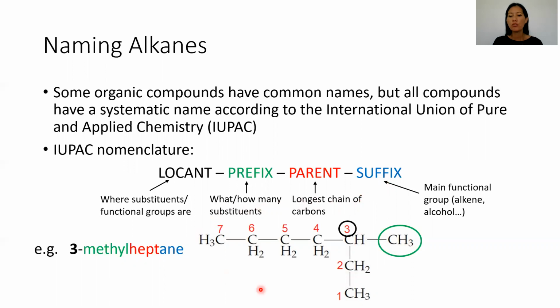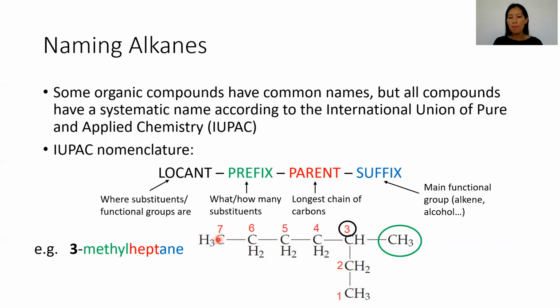Okay, let's look at this example. If I give you the structure, the first thing you need to do is identify the longest chain. Don't just go left to right, because going left to right, you would have counted 6 carbons. If you go left to right and go down, there are 2 more down here, so that's the longest chain, 7 in a row. But should you number from left to right or right to left? It depends.